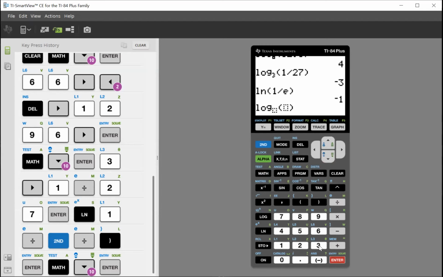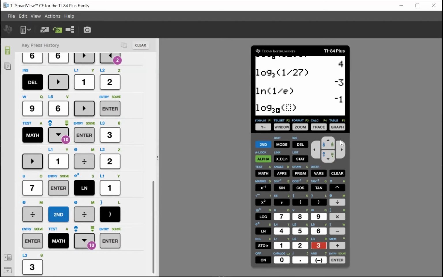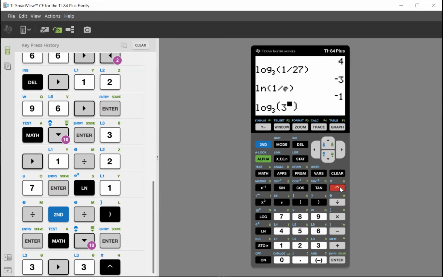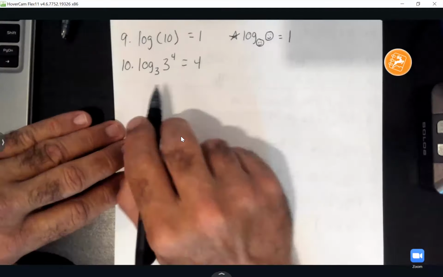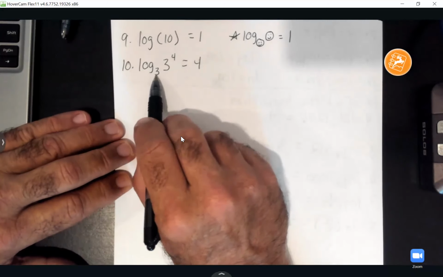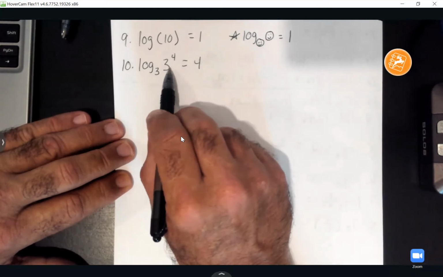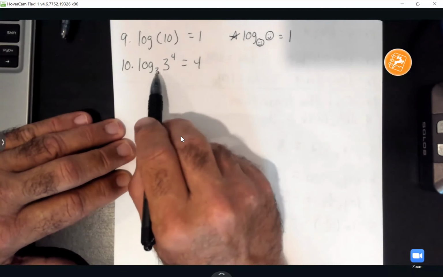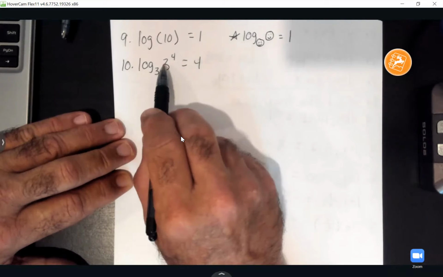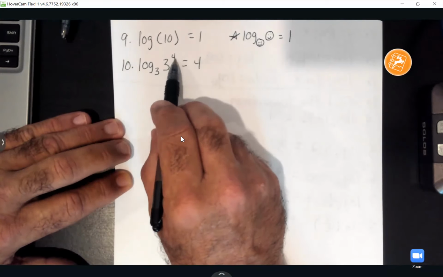I'm going to put in my 3 for my base. That result was a 3 to the 4th power. Is it a 4? It is a 4. And y'all, that makes sense. Think about it. If the base matches the base of the result, then the answer has to be the exponent 4. So you would raise 3 to the 4th power to make it a 3 to the 4th power, okay?